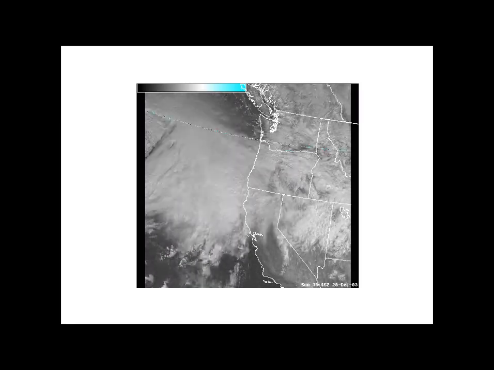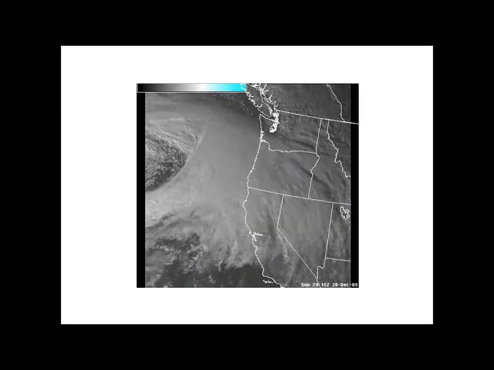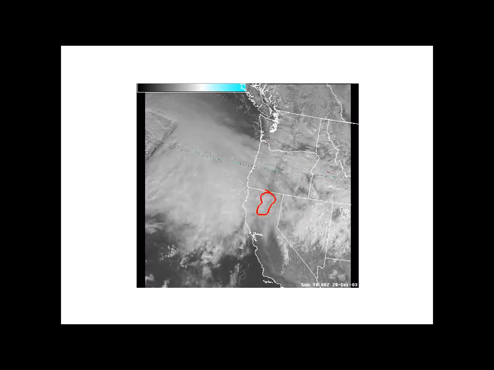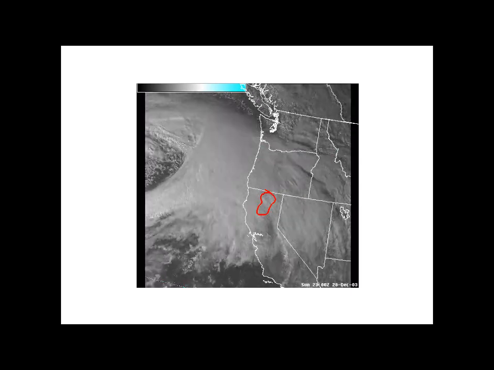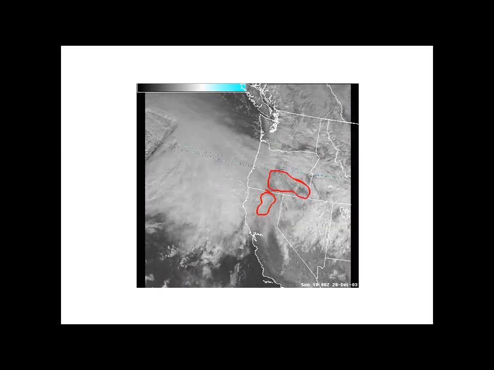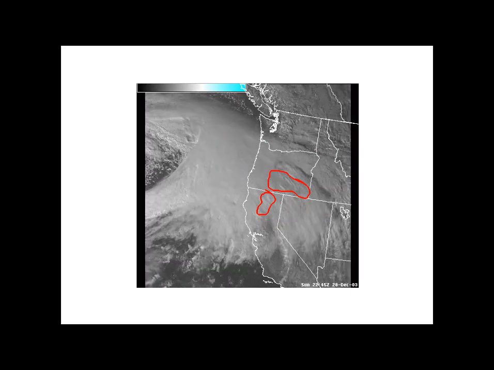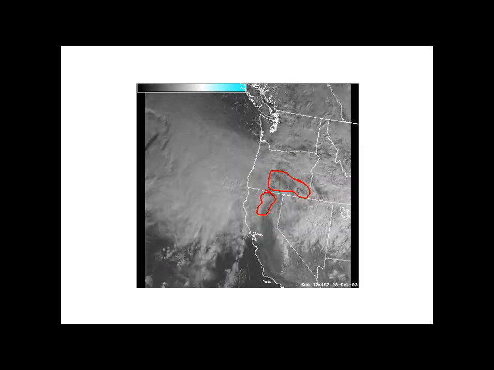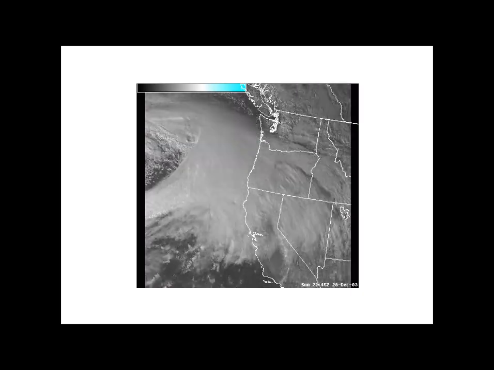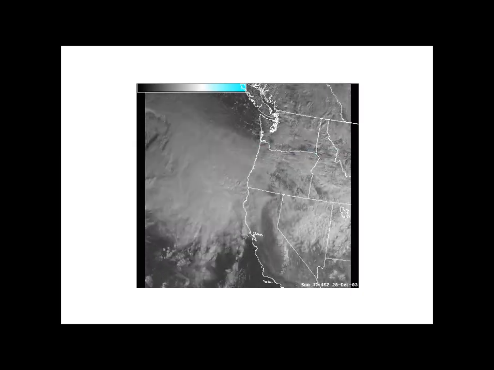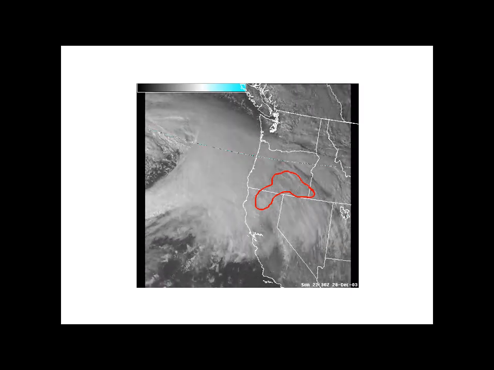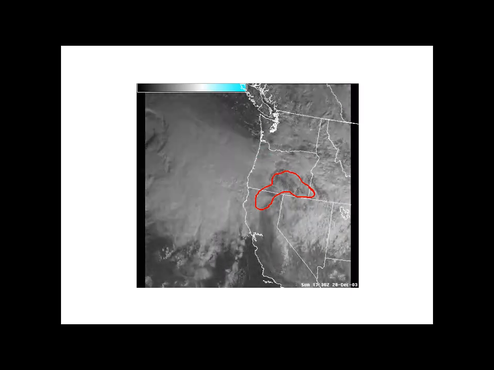We can see areas of the stratiform cloudiness that we noticed in the fog product before, right here through northern portions of California and the Shasta Valley area, and we can also see the stable wave clouds over here over the southern and southeastern portions of Oregon. Both these things suggest a rather large area of stable air right in this area, and that it's not mixing out at this time. What is this going to mean to the forecast?